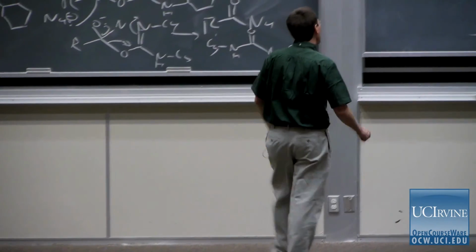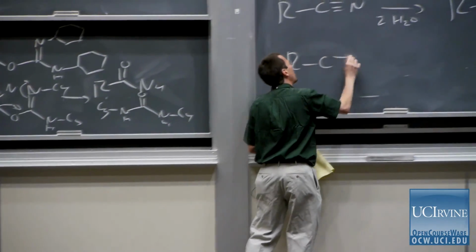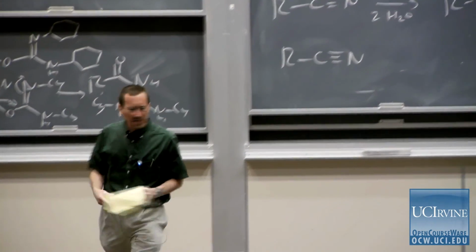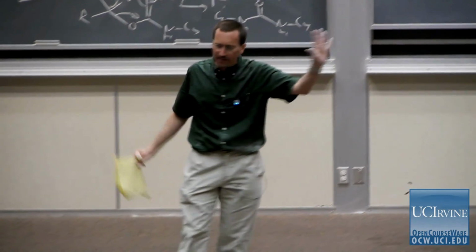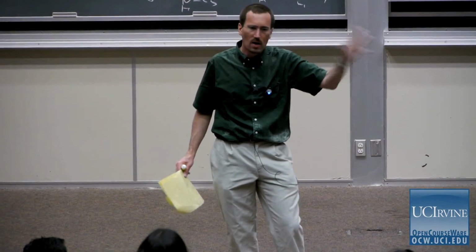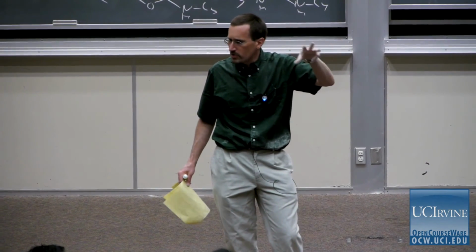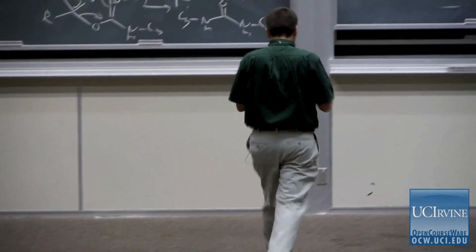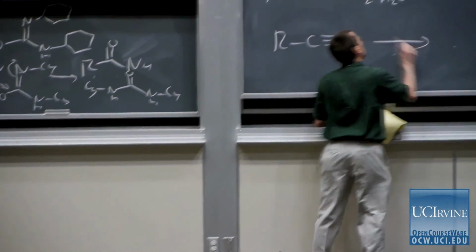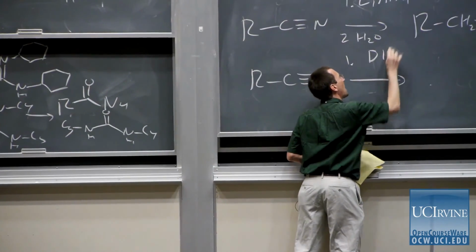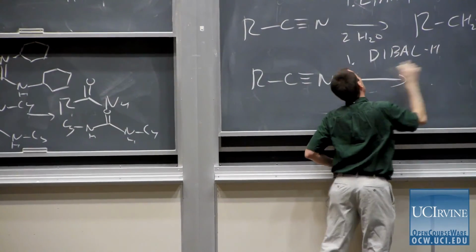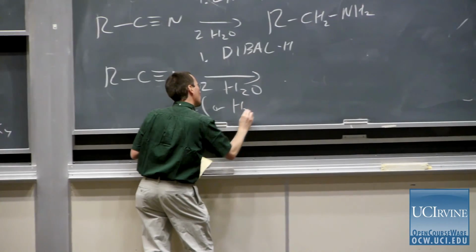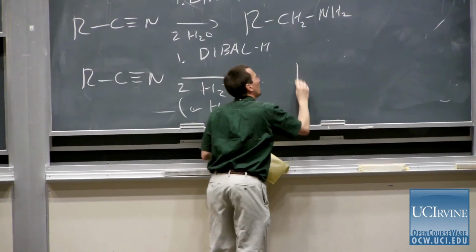So your textbook has also pointed out and reminded you that nitriles can be reduced selectively. And we saw this in esters. We said lithium aluminum hydride blasts the heck out of an ester all the way down to an alcohol. DIBAL is a more mild reducing agent. It can stop and only add 1 equivalent of hydride. And so your textbook chooses to give you an example of a DIBAL reduction of a nitrile with water as a workup, or you can use H3O+ as a workup.